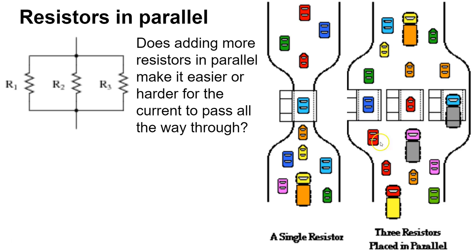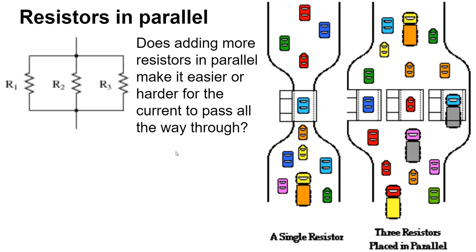So this guy can go here, this guy can go here, this guy can go there, and then the traffic keeps moving at a faster pace. AKA the current is higher for this because more stuff is going to be able to flow through. And each one only has to go through 1 toll booth or 1 resistor. Kind of makes sense, hopefully.